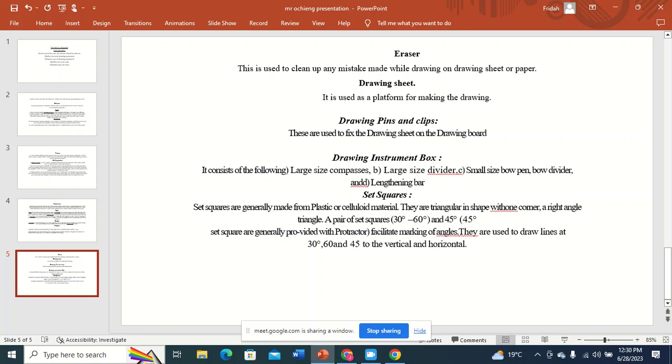Who can give us the uses of a set square or types of set squares and maybe the uses? Okay, we have a 30, 60, 90 set square. We can use the set square to draw 30 degrees, 60 degrees, and 90 degrees. And then we have the 45, 90 set square.